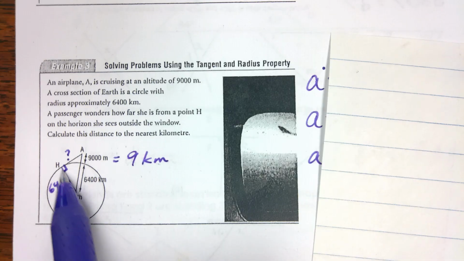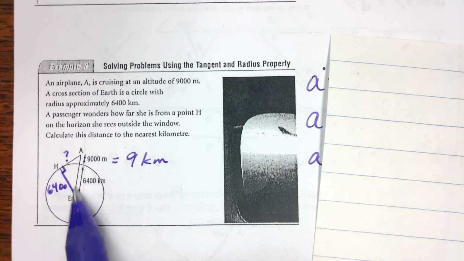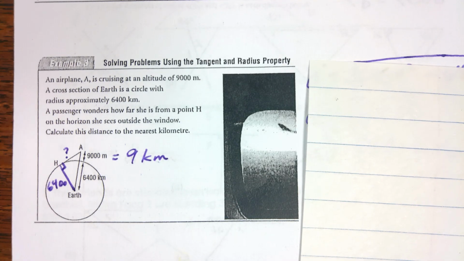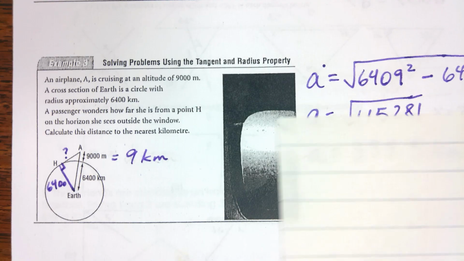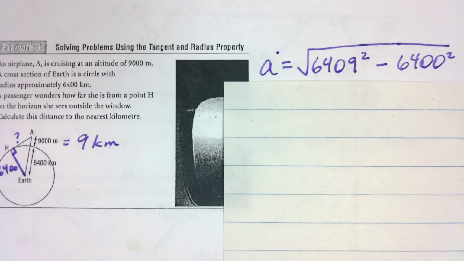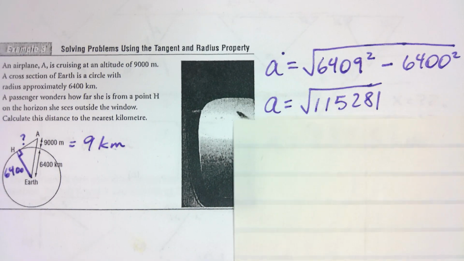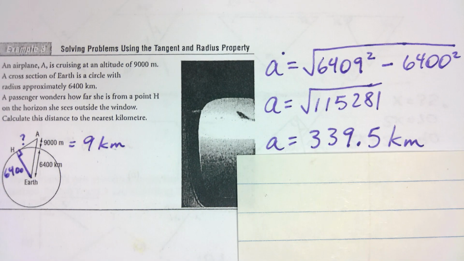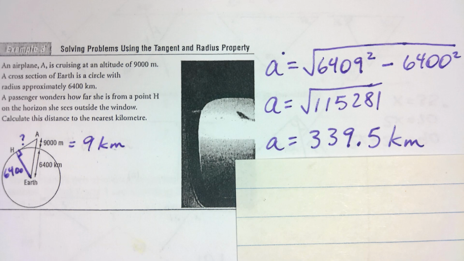So this is 6,400, this is 6,409. So to find HA, I do Pythagorean theorem again. All right, so square root it, I get my answer, 339.5 kilometers.